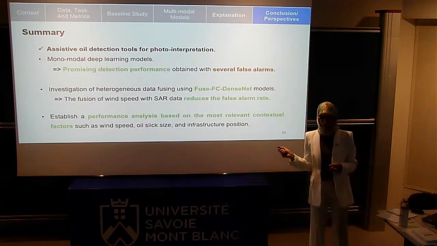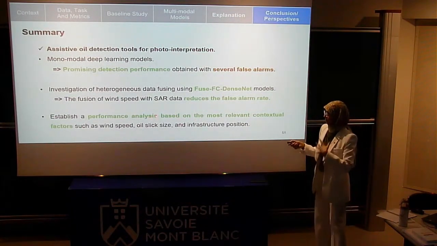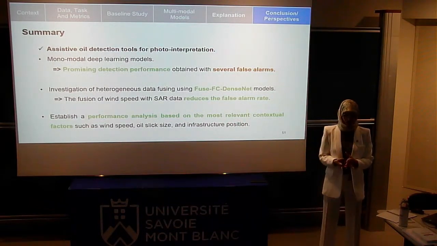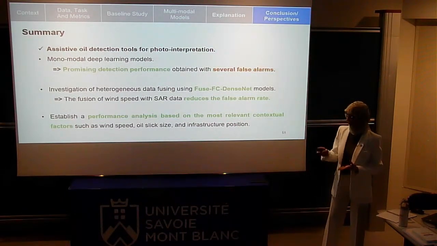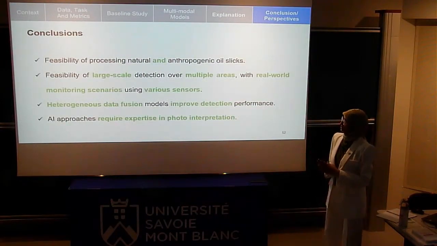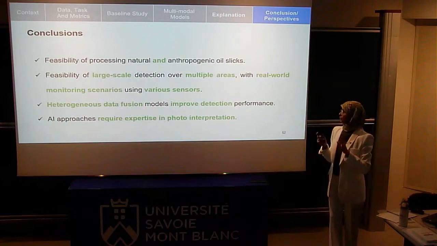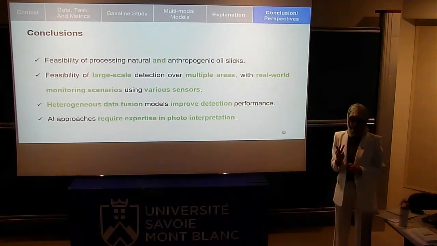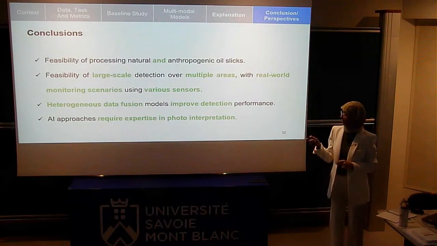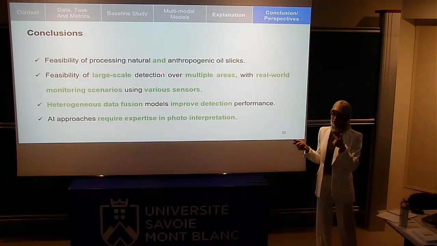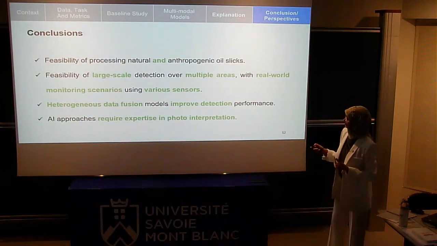We established a deeper analysis of the results, including some contextual factors that are also used by photo interpreters. We conclude that there is feasibility in focusing on the two categories of slick at the same time, which is not the case in the literature. We are able to detect both natural and anthropogenic slicks with the same model.